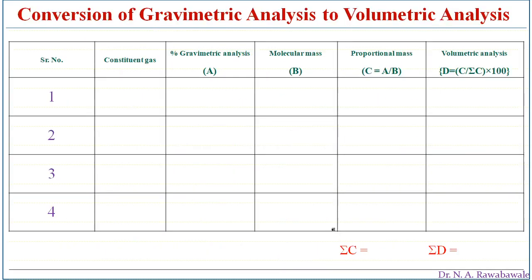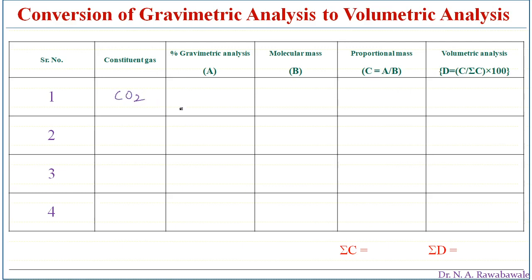Now coming to the analysis: the constitution of gases, conversion of gravimetric analysis to volumetric analysis. The first component is carbon dioxide.